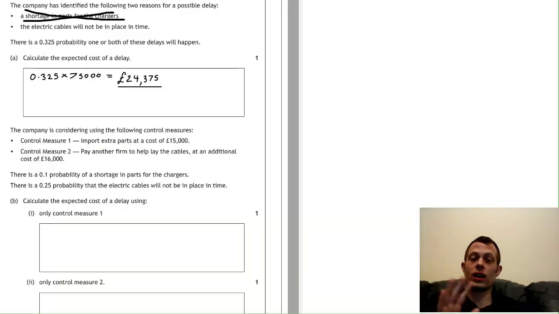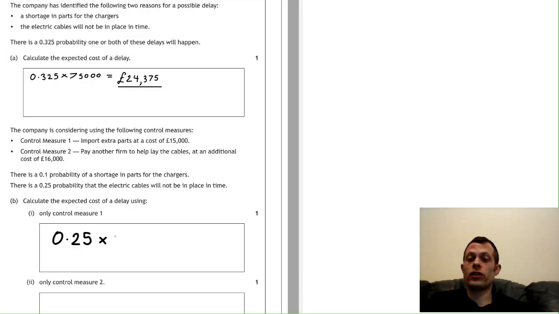So we can assume that reason for a delay will not occur, and we're only interested in the other reason, which is the electric cables not being in place in time. So the probability of that happening is 0.25. So now we've gone down from this 0.325 probability to 0.25 probability.